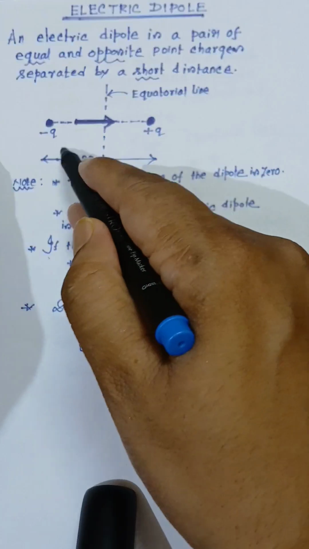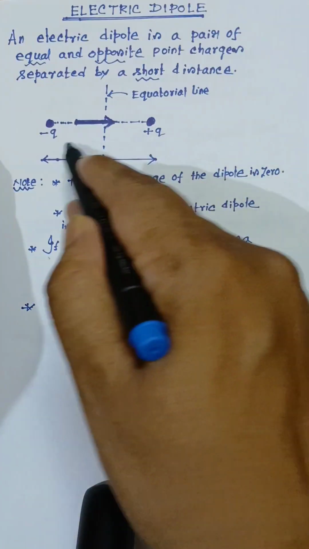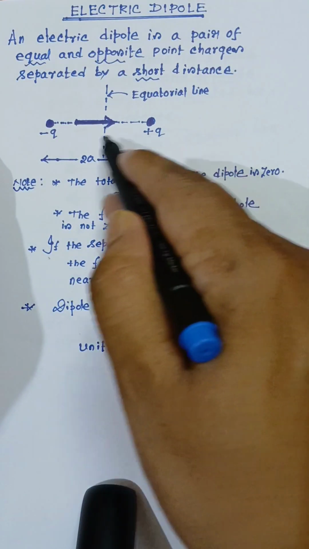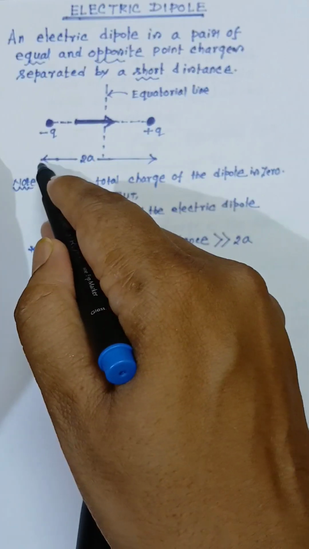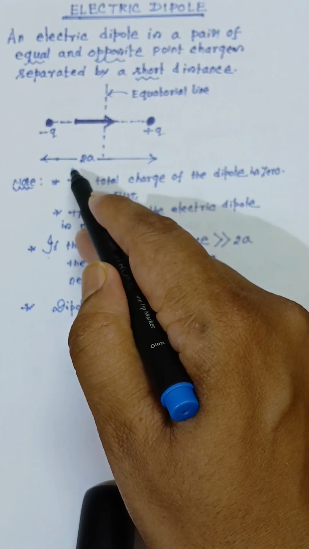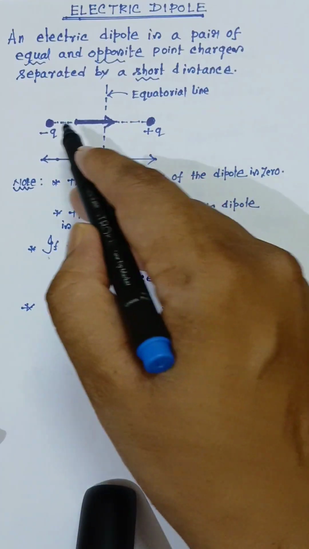Look at the figure here. Two charges I have considered, one is minus q, another is plus q. That means equal and opposite charges, but they are separated by a small distance, and the distance we have considered is 2a.